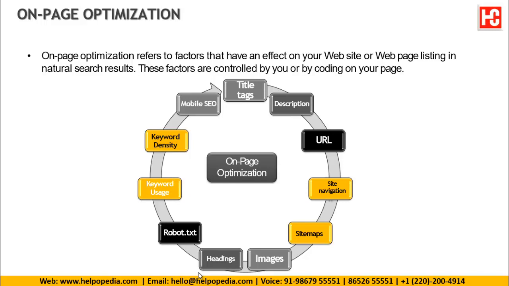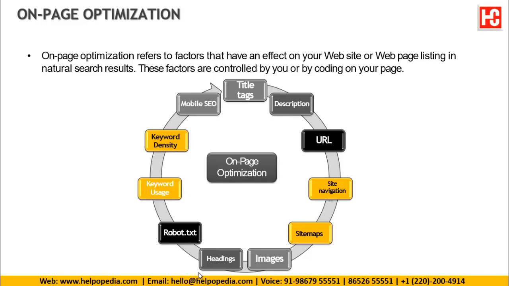Slowly, all the competitors will overtake your website and it will keep on going down, and one day your website will vanish from the search engine. So then what is the use? You have to continuously monitor your website for the keywords that you are using. So that is on-page optimization.